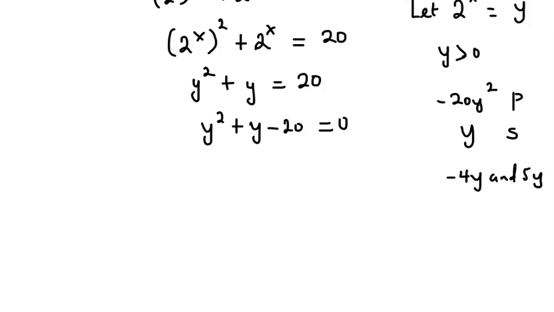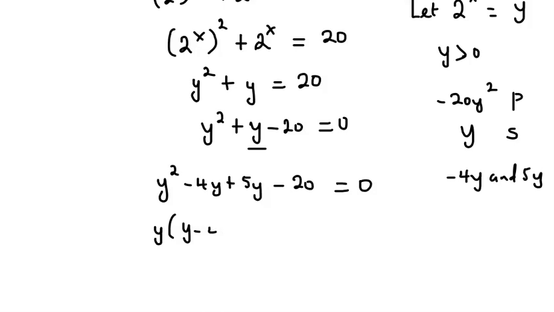Now this y right over here, we can write as y squared, negative 4y plus 5y, because we know negative 4y plus 5y will give us y. Then here we have minus 20, and this is equal to 0. Now we can factor out y from here. We get y minus 4.